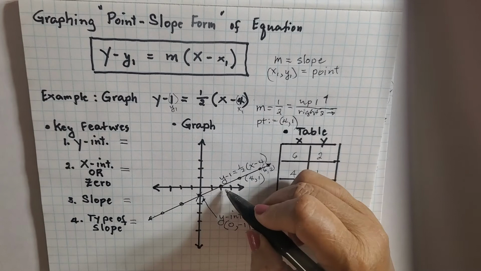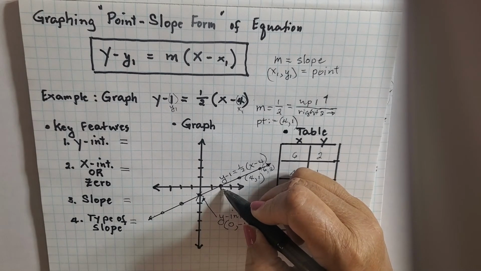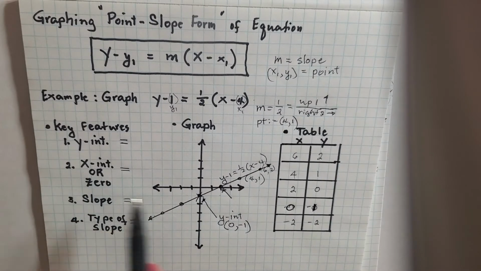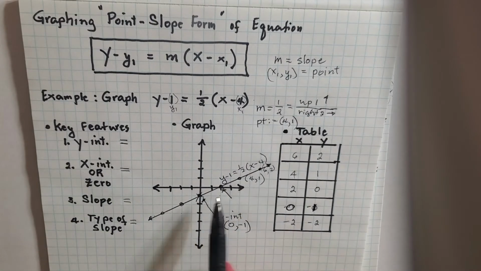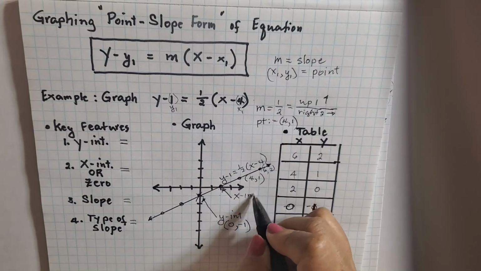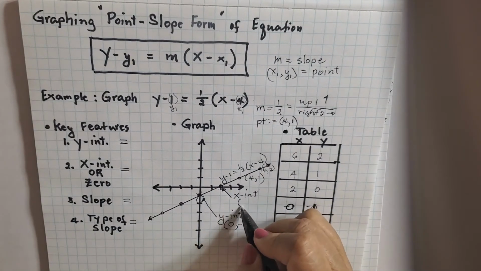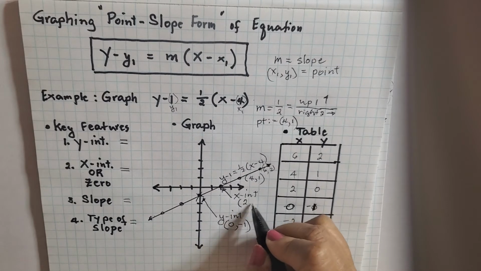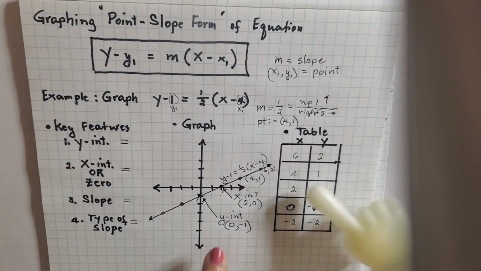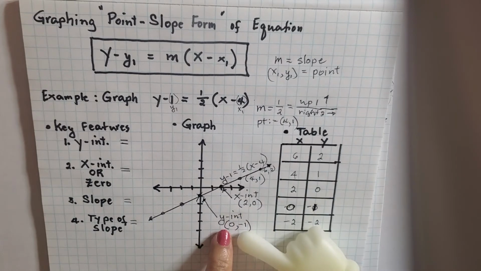This is it: x is 0, y is negative 1. And the x-intercept, this is our x-intercept. The x-intercept is where the line crosses the x-axis. So I'm going to label it, and the coordinate will be 2, 0.